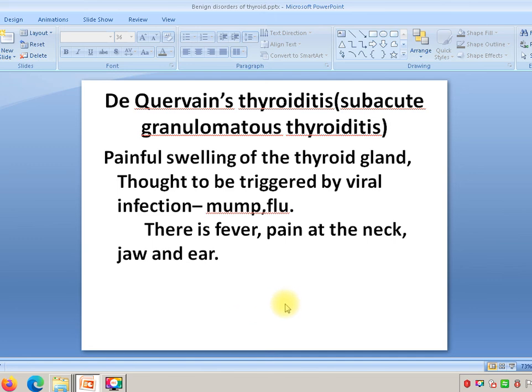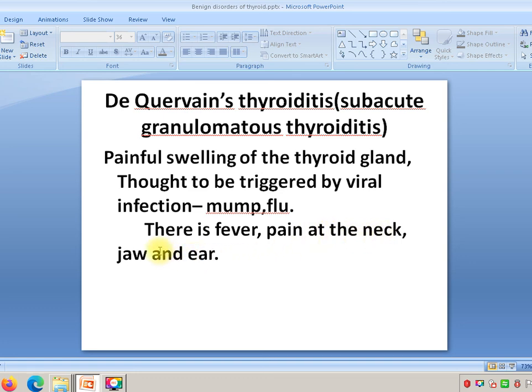Again, the next condition among benign disorders of the thyroid is de Quervain's thyroiditis. We also call it subacute granulomatous thyroiditis. Here it is painful. Whenever there is painful swelling of the thyroid gland, then we may consider this one. It is again associated with fever and pain at the neck.